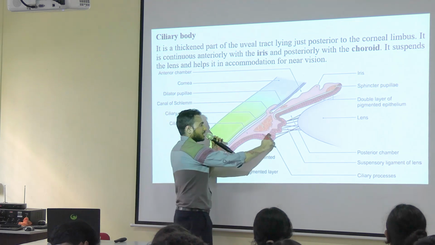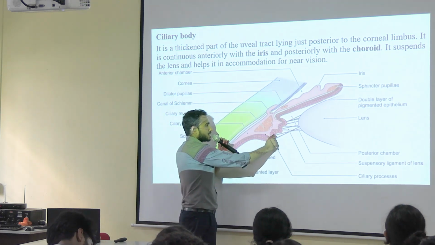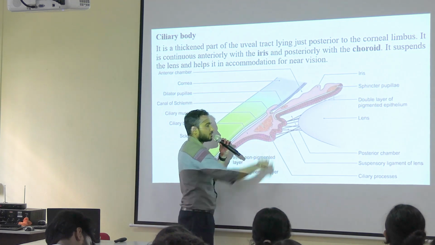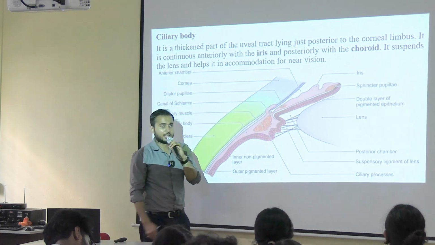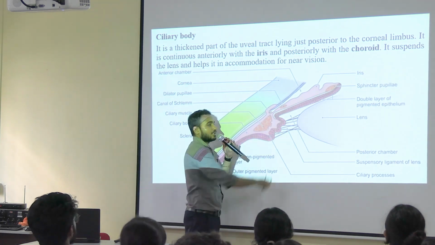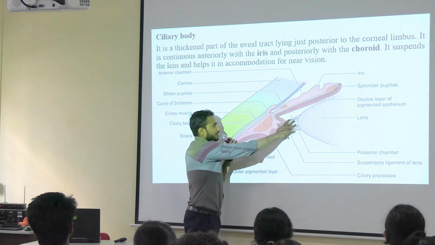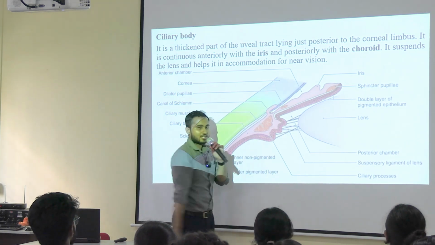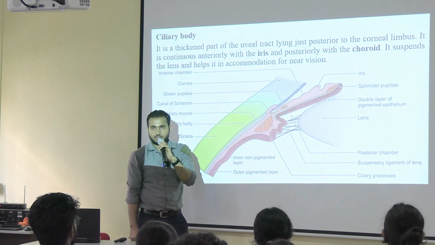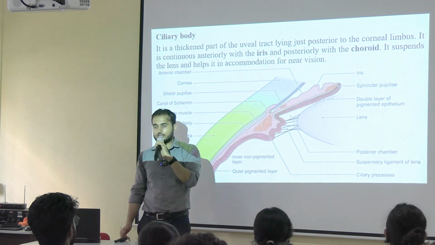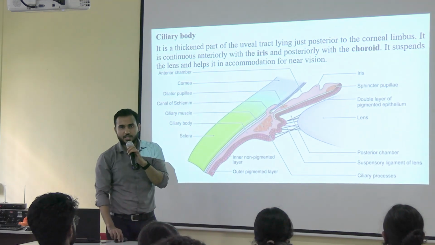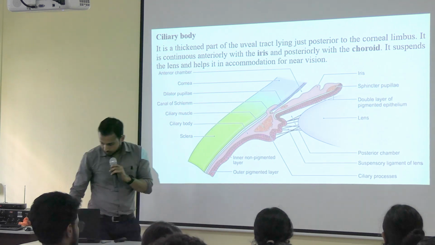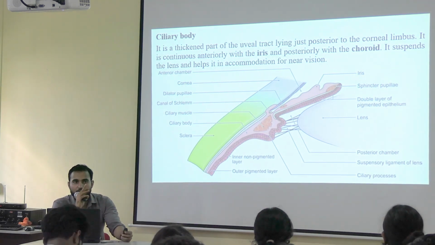So these are the ciliary processes. From the ciliary process, you can see the zonular fibers going and suspending the lens. So these zonular fibers together are forming the suspensory ligament of lens. They are formed by fibrillin, a special type of protein of connective tissue. So that is all about the ciliary body.